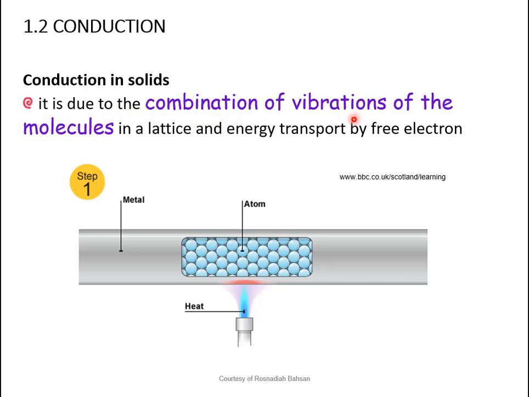There is collision and then a vibration of the molecules in a lattice, and energy transport by free electrons. Heat from this candle will heat the metal. And if we view it in terms of molecular structure, you can see the atomic structure of this metal.